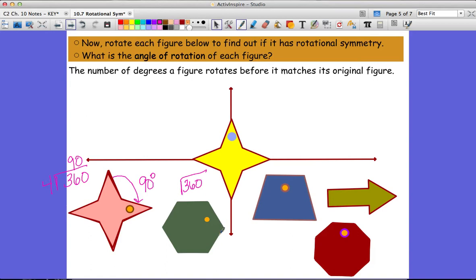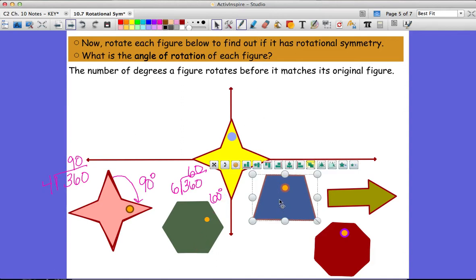It has 1, 2, 3, 4, 5, 6 points. 36, or 6 goes into 36 6 times. So 6 goes into 360 60 times. So this angle of rotation is 60 degrees. It only takes 60 degrees for this figure to match up with itself.